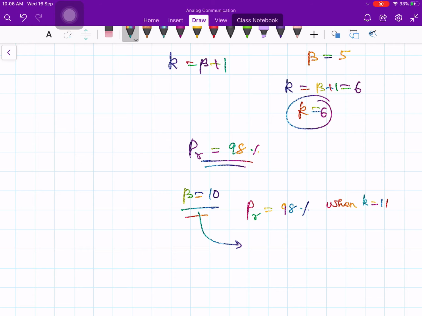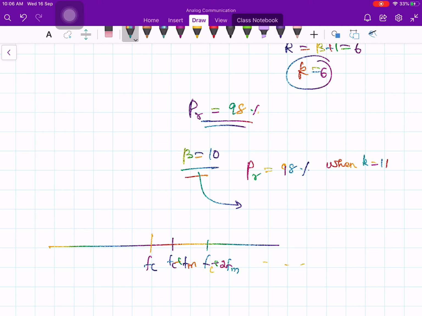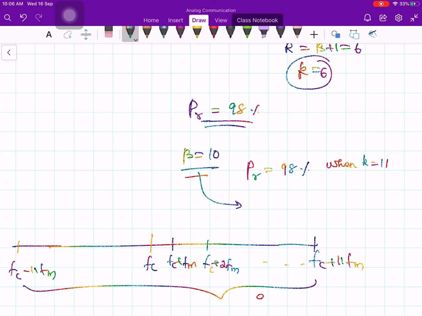This is my fc. You consider fc plus fm, fc plus 2fm, up to fc plus 11 fm. That's all; no need to consider anything beyond that. Similarly, you consider fc minus 11 fm. So this band contains 98% of the total power.